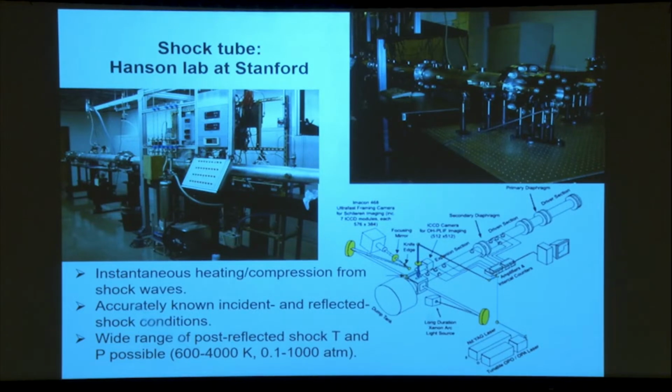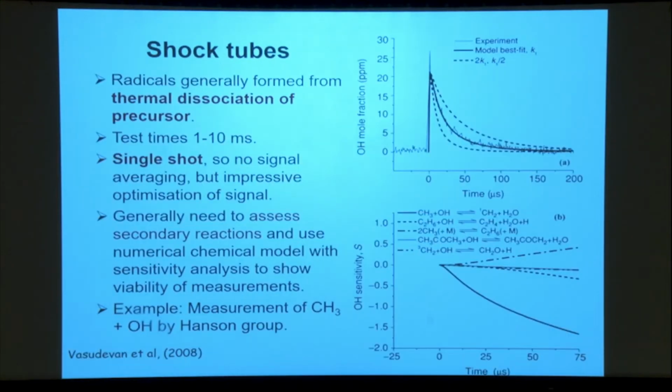But I suppose the downside here is that we're not working at the low pressures and low concentrations that we would see in a LIF-type experiment, and so we are going to see the secondary reactions taking place in this type of system. What I find nice about the developments in the shock tube area is that the sensitivity analysis is now carried out for the system so that you can see the potential influence of these secondary reactions. This is an example of CH3 plus OH.